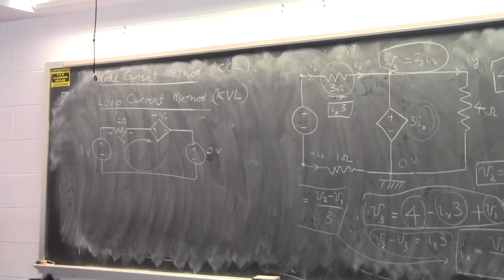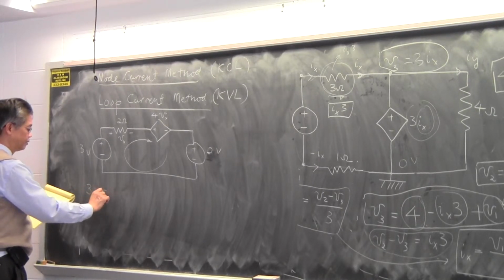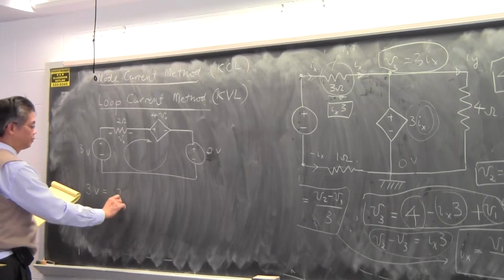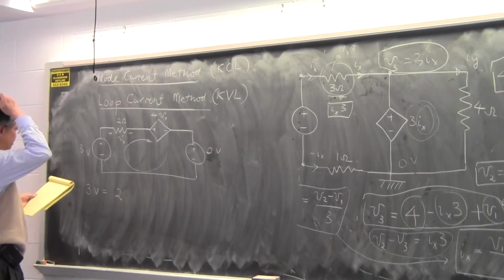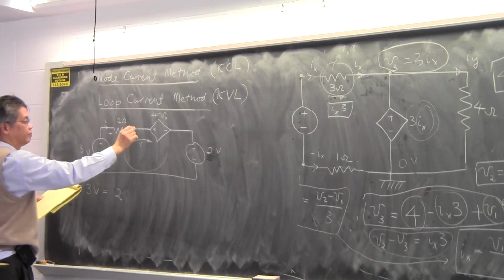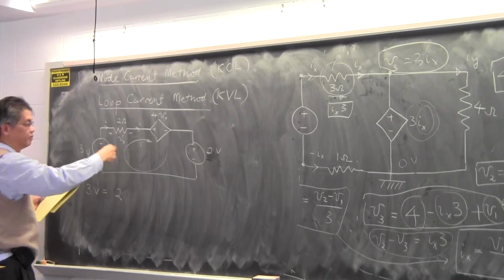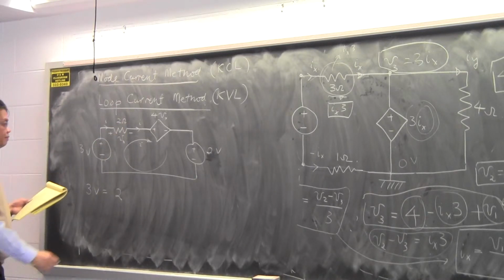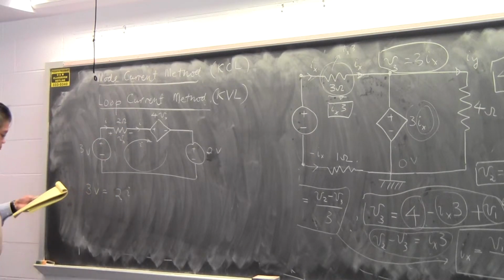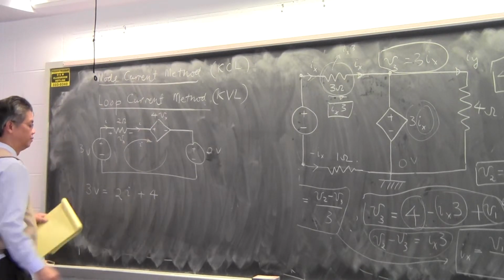If you apply KVL to this loop, you must have 3 volts equal to 2 times I, I being the current flowing in this loop. I can put I here as well. It's the current that is flowing around this loop. I call that I. 2 times I, and then plus 4 times Vx.